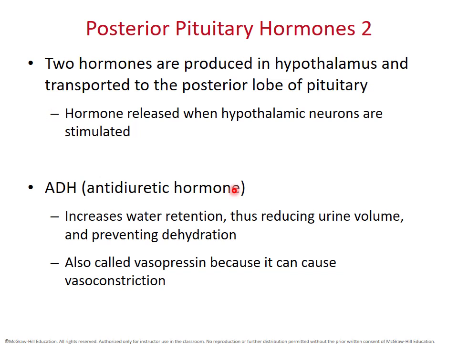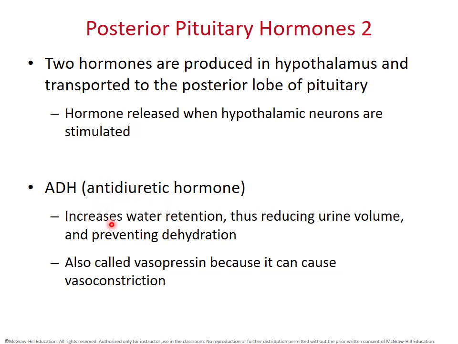but it also has secondary effects. By reducing urine volume, what that means is you're going to increase blood volume. And when you increase blood volume, as we know, that causes an increase in blood pressure. So it's a hormone that doesn't just affect your hydration status, it also affects blood pressure.